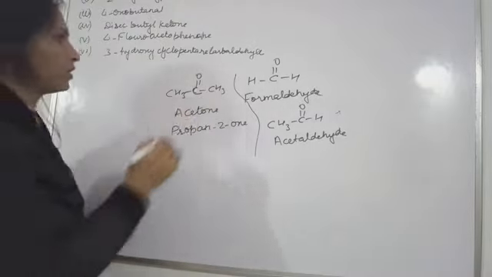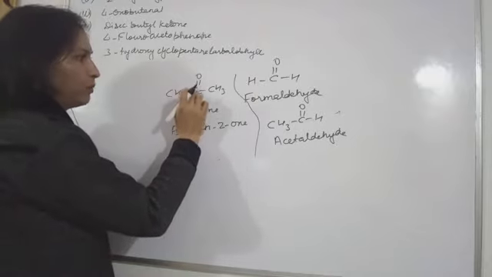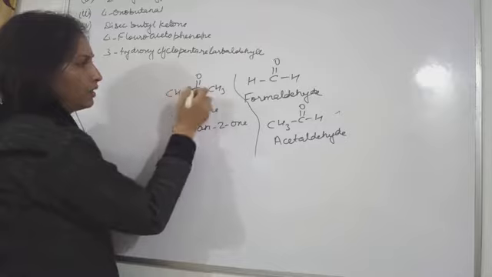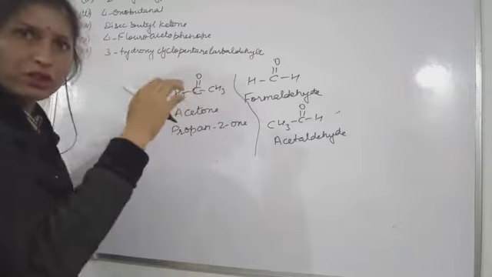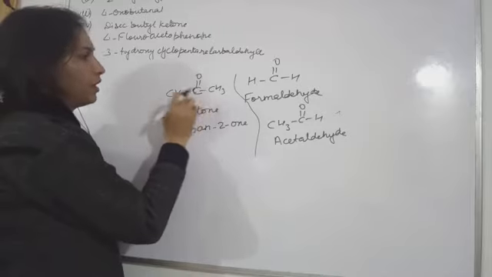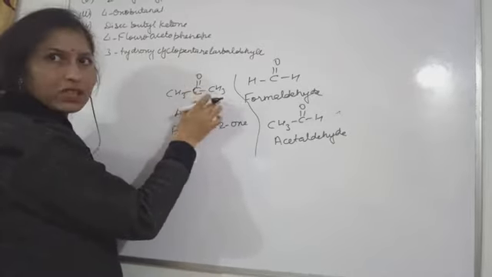Why are we giving the number 2 to this carbon? Because this functional group is possessed by the carbon which is attached with at least 2 carbons.